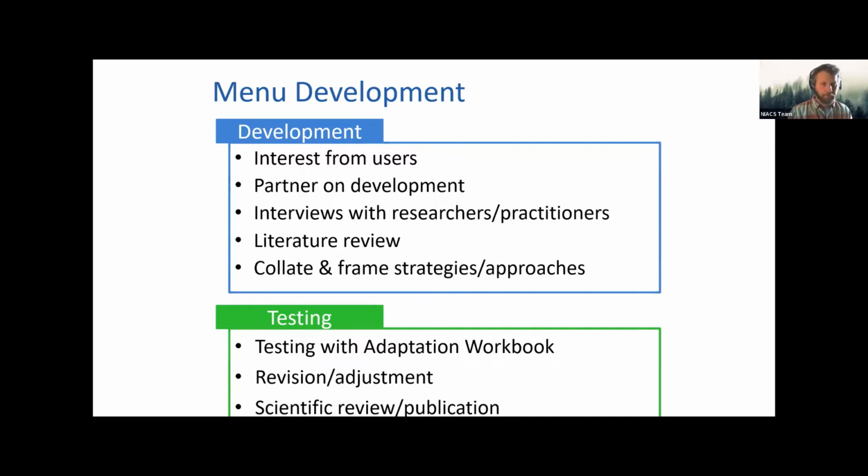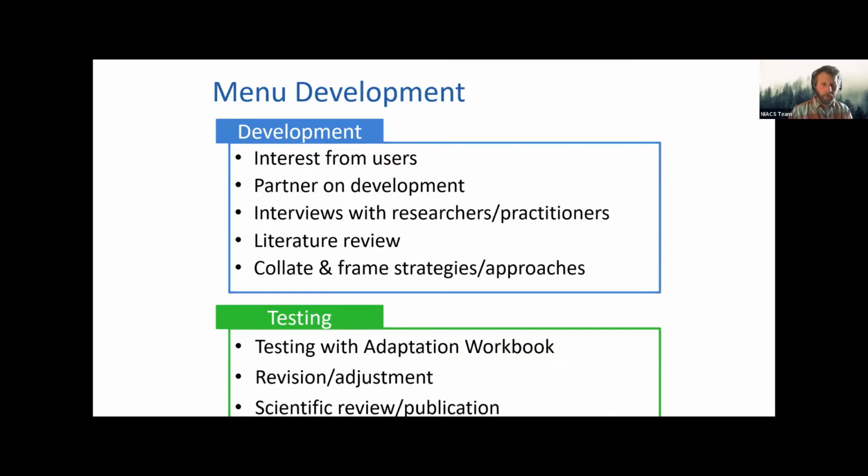For the forest carbon management menu, that was a literature review of a little over 200 scientific papers, as well as other reports and white papers, all published in the last 10 to 15 years.